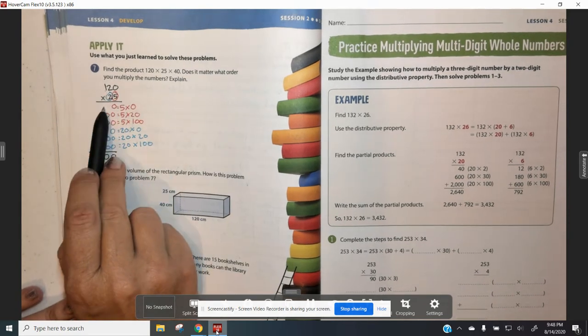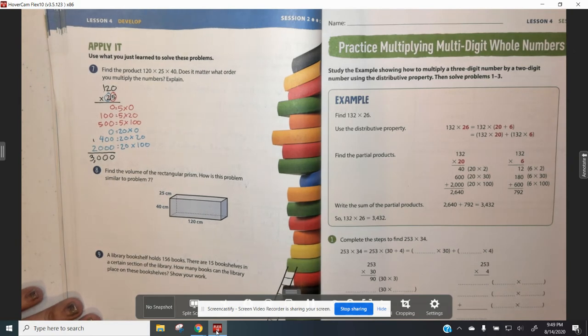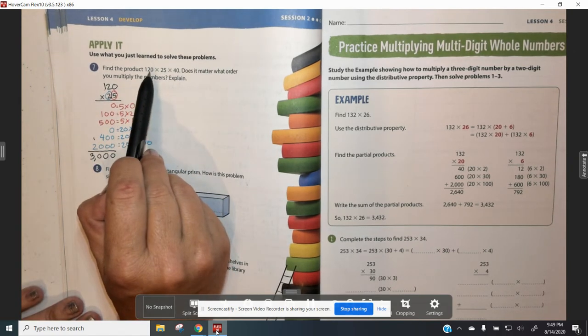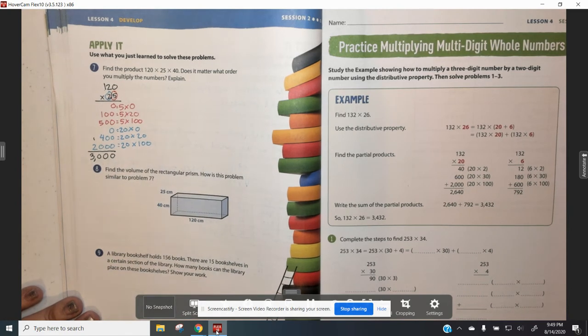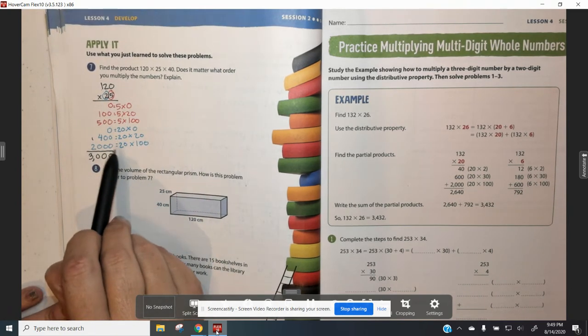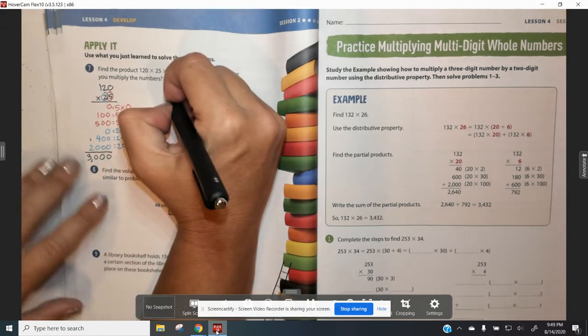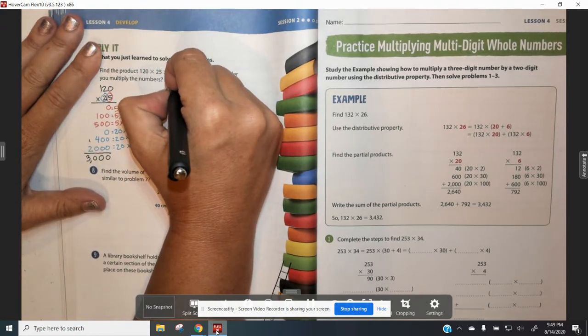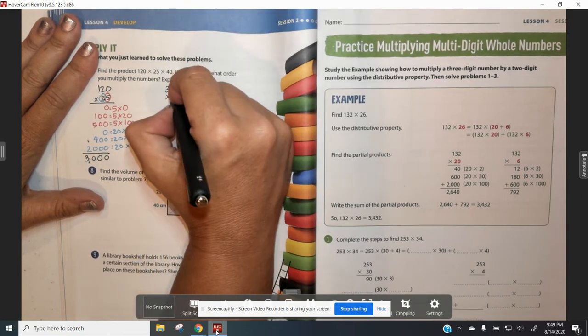So 120 times 25 is 3,000. But I'm not done yet, because all I've done so far is multiply 120 times 25. So now I need to multiply my product here, which is 3,000, times 40.